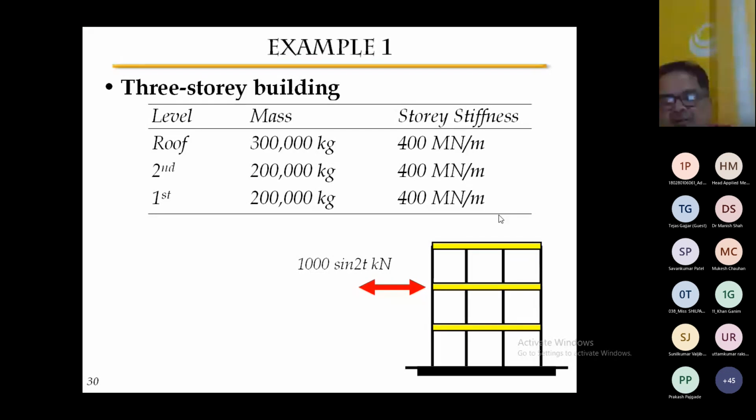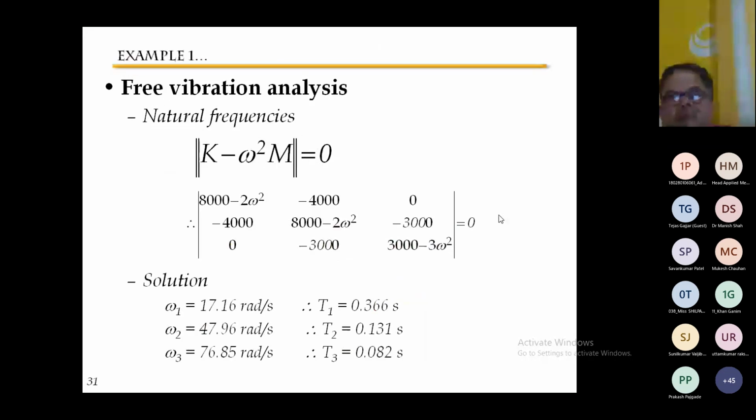And you see, this is a very simple example. It's a 3 degree of freedom system, and masses and stiffnesses are given. I'm just brushing up this knowledge. We have to calculate the frequency, so we have to go for the eigenvalue problem.